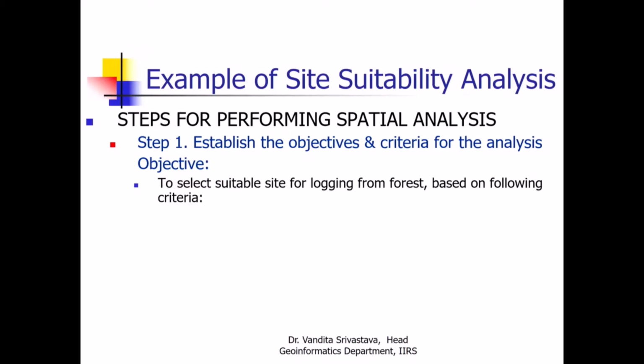So that there is no question on my logging task, and also I protect the environment. If that is my objective, then what kind of criteria could I set? Because I want to earn profit, I will say that I want to log specific species of trees from the forest. So let us say I wish to log only ponderosa pine to earn profits.